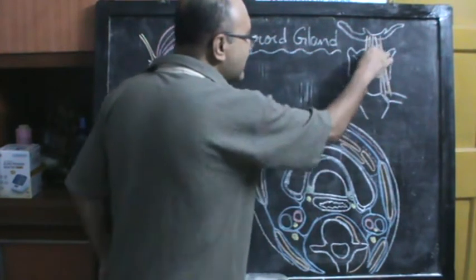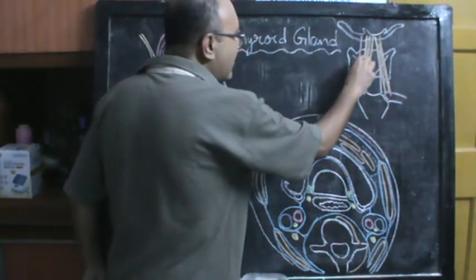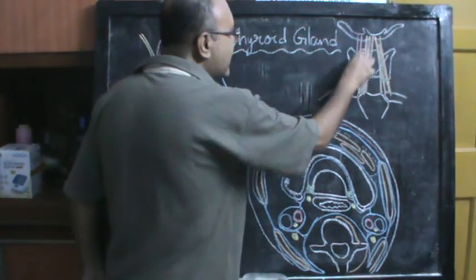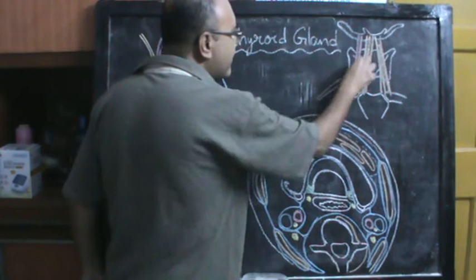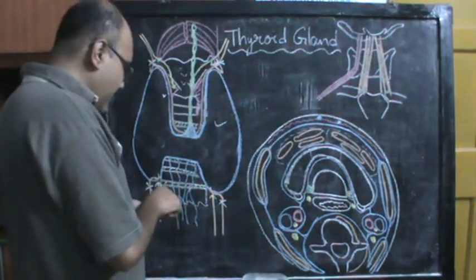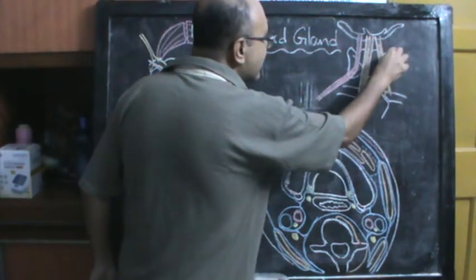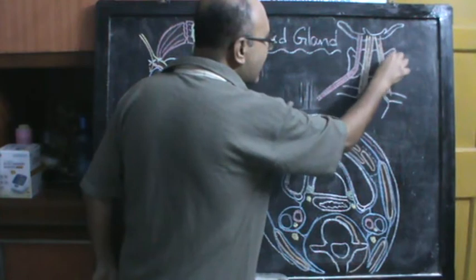and by the side of the sternohyoid muscle you have the omohyoid muscle. So the omohyoid muscle is like this. This is then omohyoid. So you have drawn sternohyoid and omohyoid, and underneath the sternohyoid you have the sternothyroid, which is a divergent muscle. This is the sternothyroid.